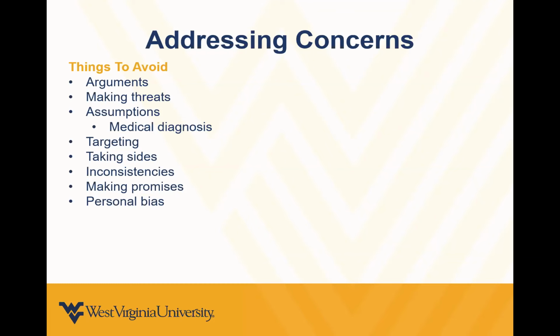Making promises. Don't make promises that you don't have the authority to make. One example, if a student is involved in an incident, and from what you know of the situation, you believe the student will not be found responsible, you shouldn't promise that. There have been times where I promised a student that they wouldn't be found responsible or get in trouble, but they didn't know the entire story.